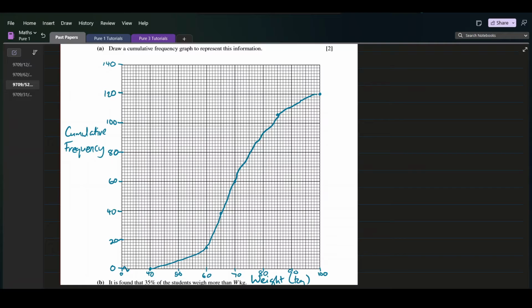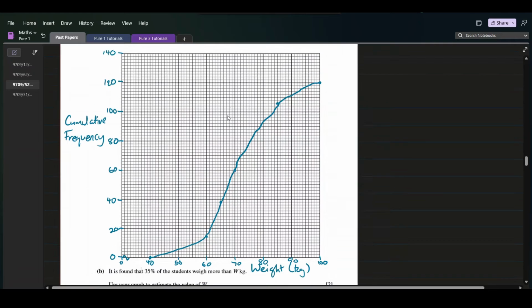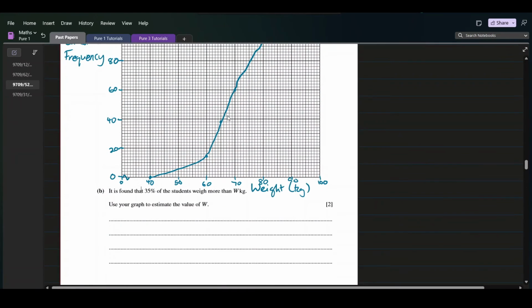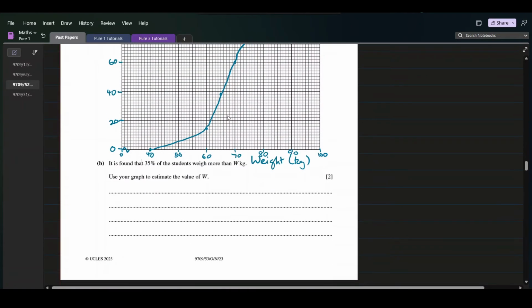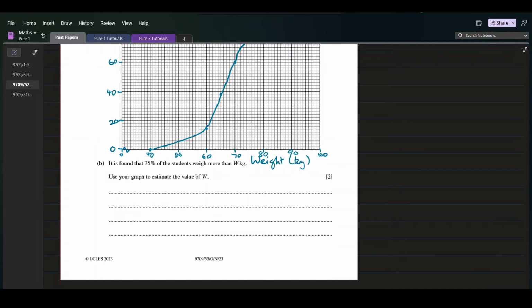Something like that. This would be our cumulative frequency curve. Now let's move on to part B. It is found that 35% of the students weigh more than W kgs. Use your graph to estimate the value of W.